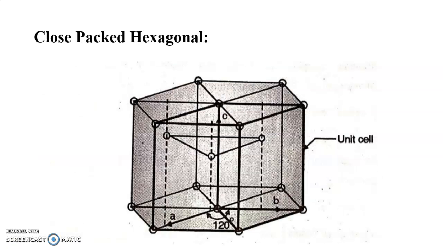Then next is close pack hexagonal. Usually the hexagonal close pack lattice shows two basal planes in the form of regular hexagons, with an atom at each corner of the hexagon and one atom at the center. In addition to this, there are three atoms in the form of a triangle midway between the two basal planes.